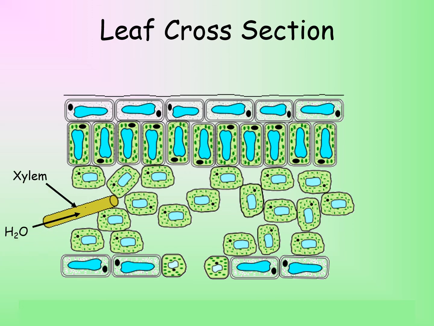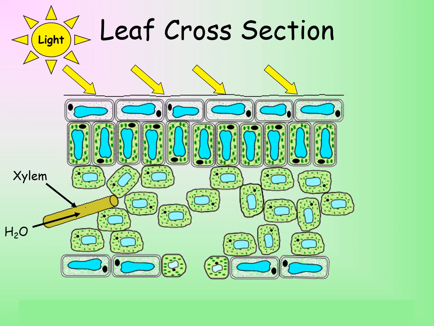Now here we've got the xylem, and that is very important because that allows water to come from the roots to the shoots, and we know we need water in the process of photosynthesis. Now we also need light, and we also need carbon dioxide. So we can see a picture of what might be happening emerging here.